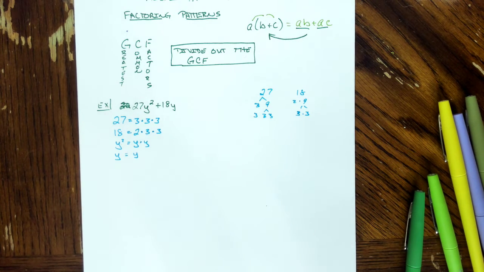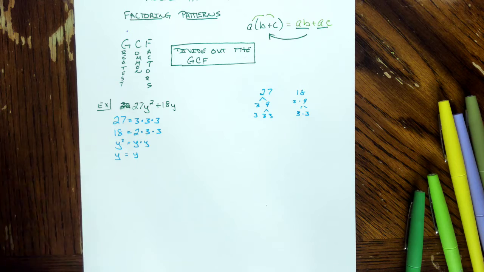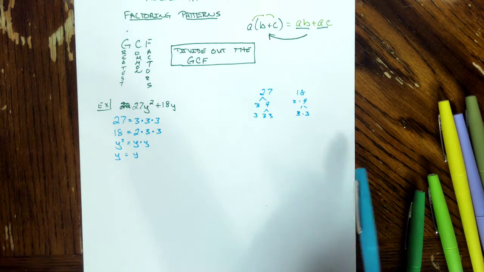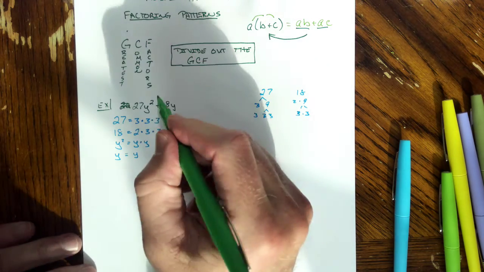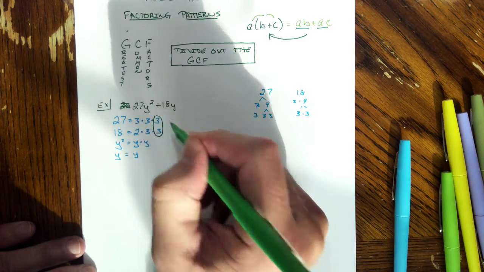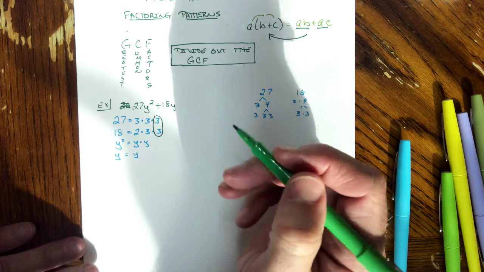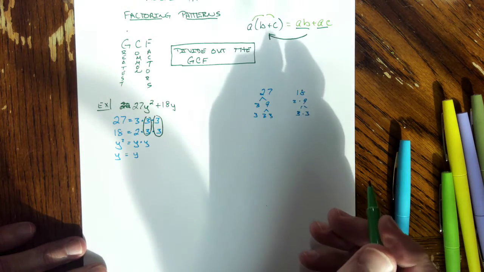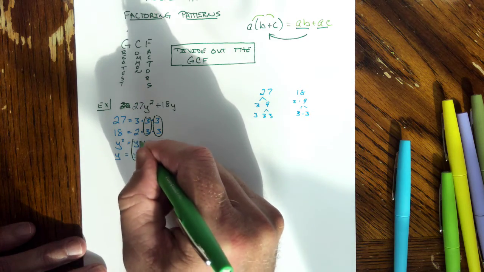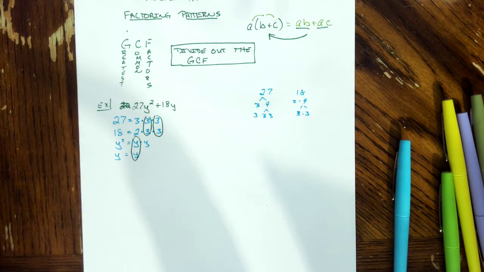What's the same in all of these? So as I look at my factors, I go through. And what's common? We got 3's common here. We got 3's common there. And we got y's common right there.